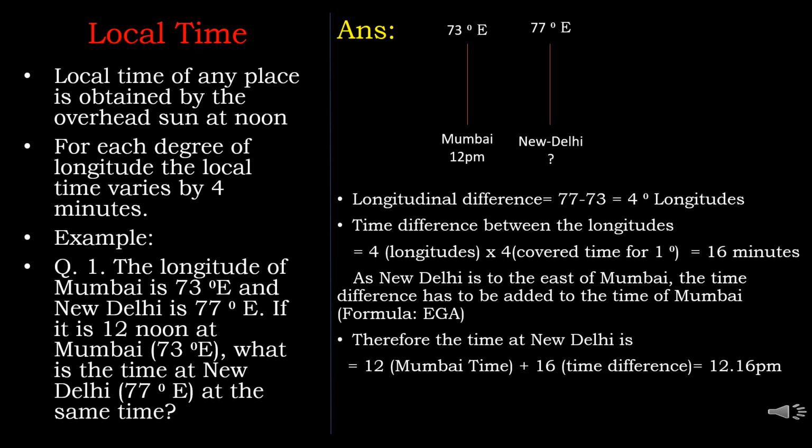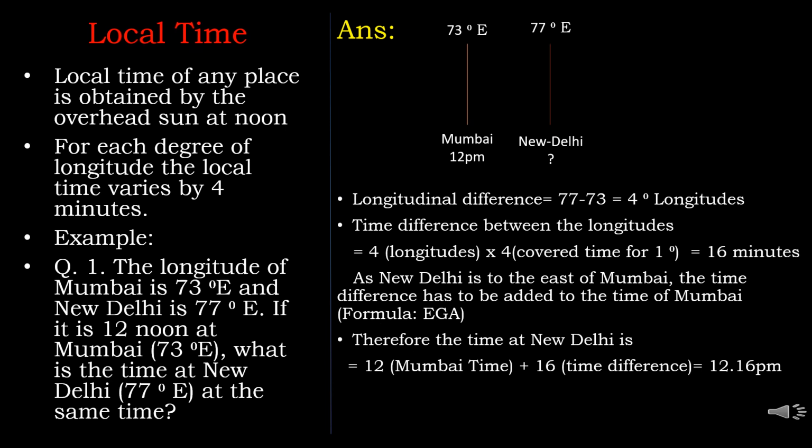So there are two lines marked. One is 73 degree east, that is Mumbai, and its time is 12 p.m. And New Delhi is ahead of Mumbai, to the east of Mumbai, at 77 degree east, and its time is unknown. Let us find out the time of New Delhi.